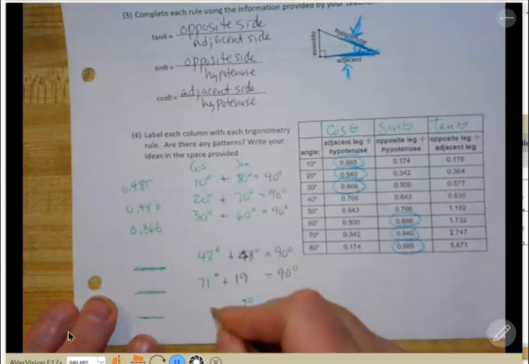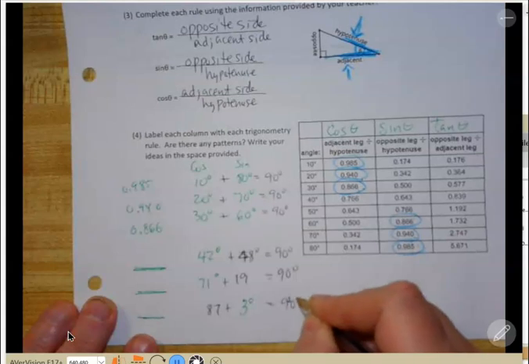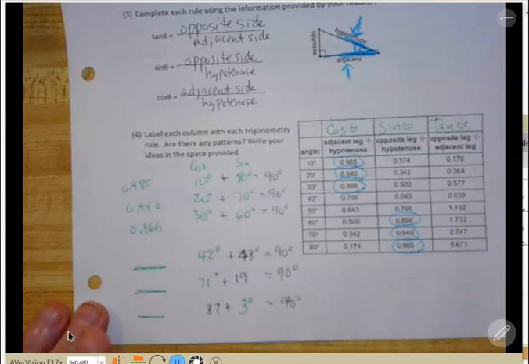And I'm hoping that here you chose 87 degrees to get to the 90. So by using what are called complementary angles, a pair of complementary angles for a right triangle, the sine of one angle and the cosine of the other angle will actually give you the same answers.